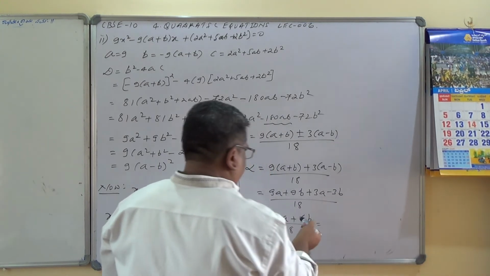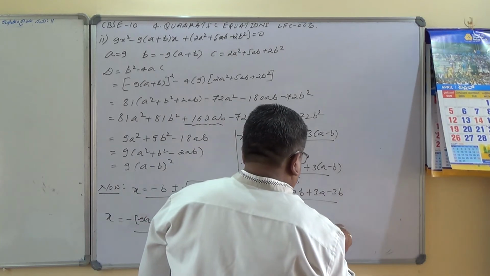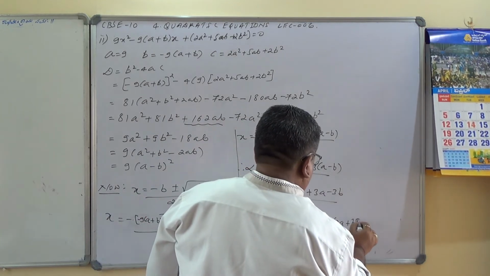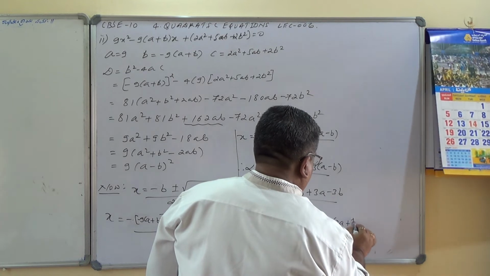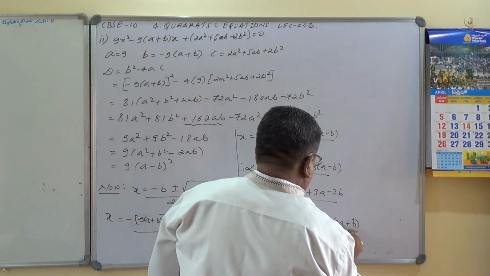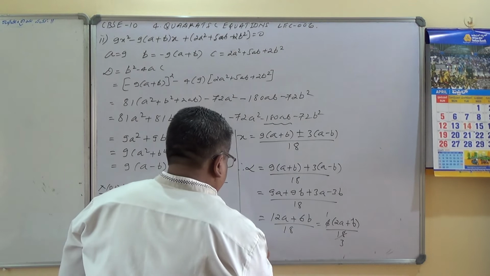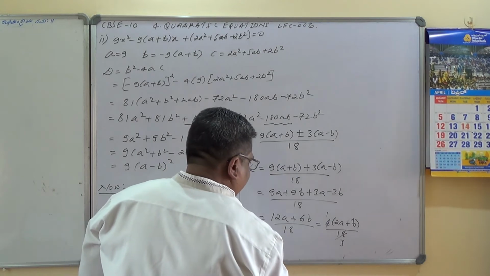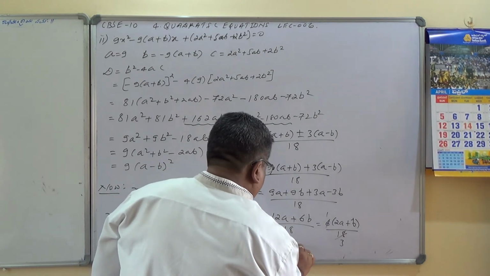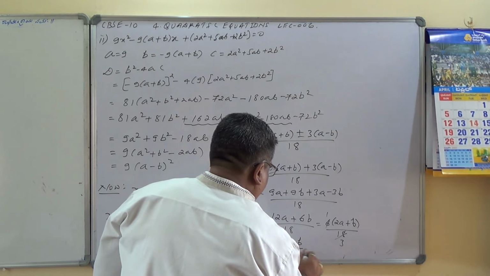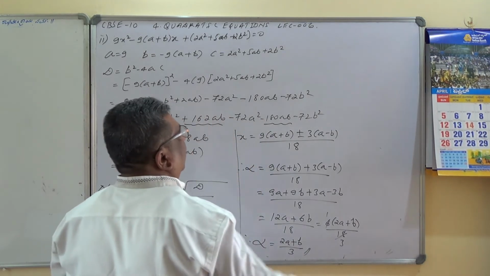If I take 6 common here, 6(2a + b) divided by 18. Therefore one value of x is alpha equals (2a + b)/3.